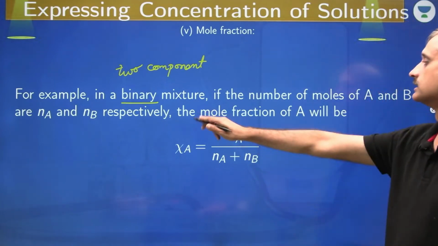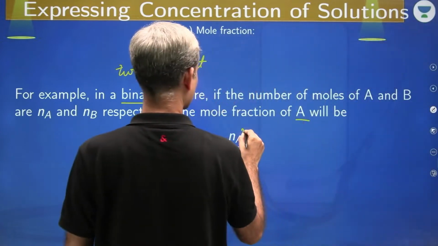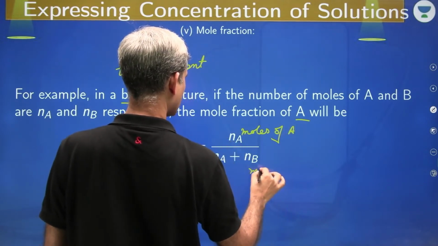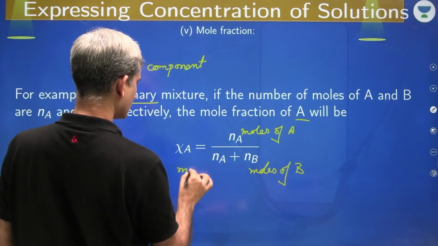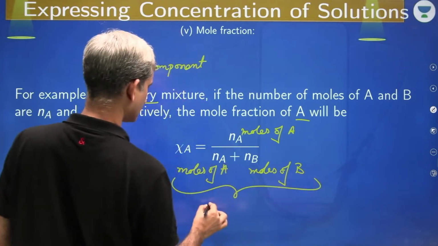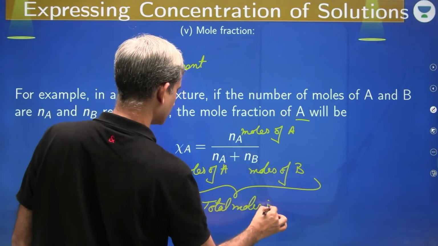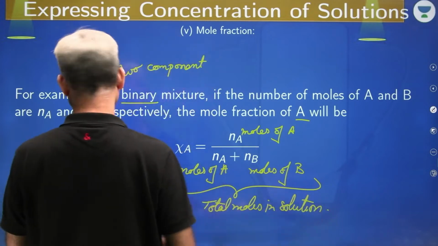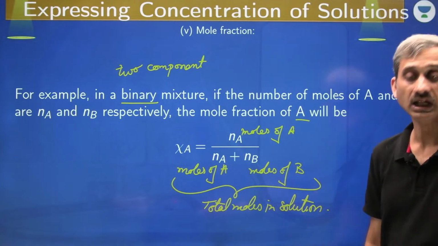Okay. The mole fraction of A will be moles of A, Na, divided by moles of A plus moles of B, the total moles in solution. Is this okay? So that is what we have as the mole fraction.